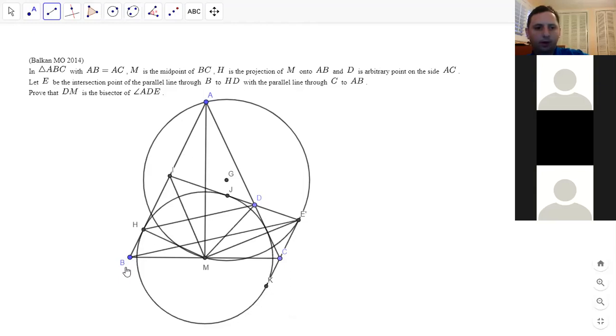BH over HI is BH over IJ. And then IJM is a right triangle, and BHM is also a right triangle. So maybe we could use similar triangles somehow, because BH over HM... yeah, I feel like that might be a way to move forward with it.